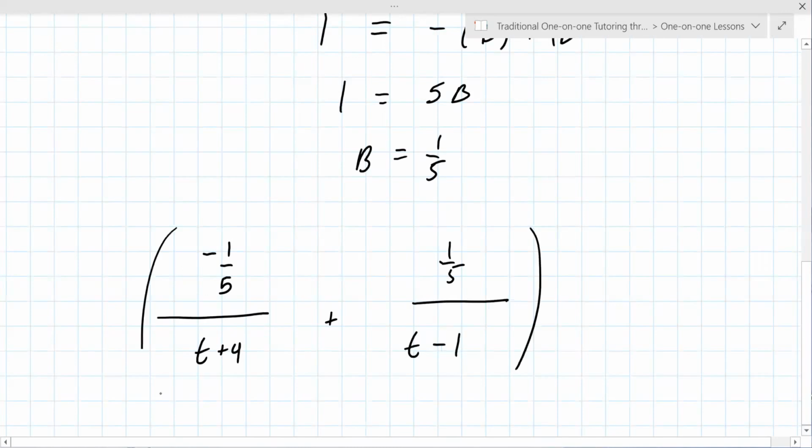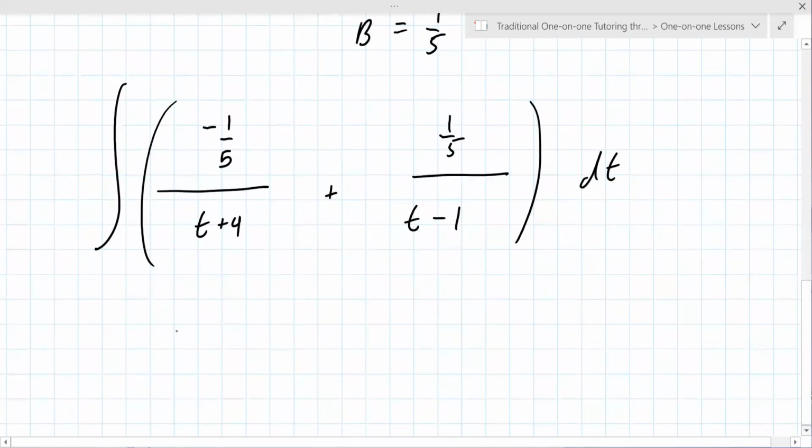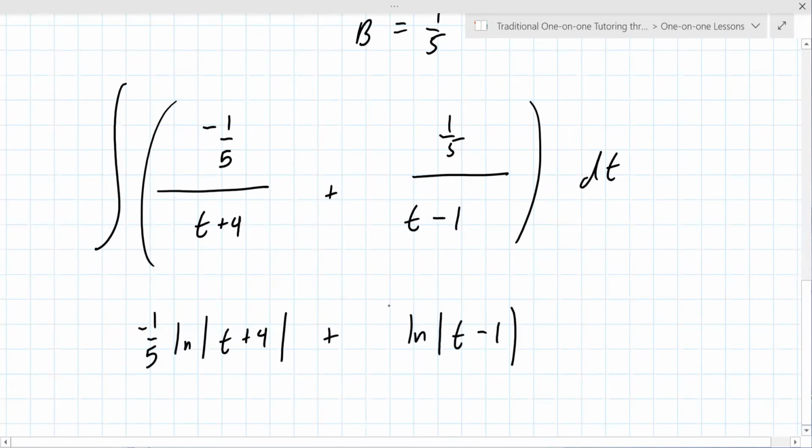And this is what you're integrating now. When they're linear like this, you just get the natural log. That's natural log absolute value of t plus 4, negative 1/5 out in front, natural log of t minus 1, 1/5 out in front, plus C.